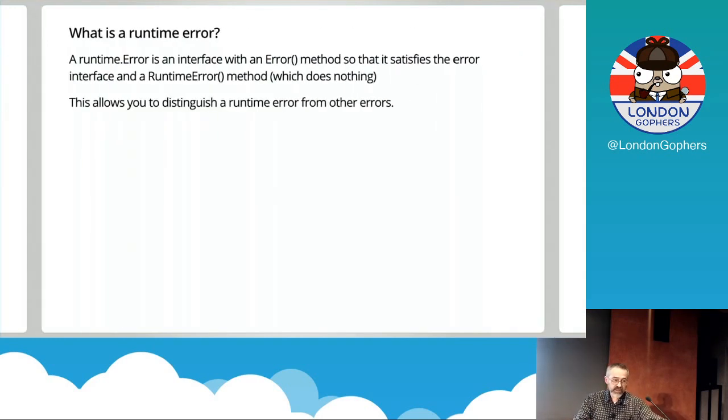It's an interface with an error method, so that it satisfies the error interface. So it's a normal error, and it has a RuntimeError method which actually doesn't do anything, and it's useful to be able to distinguish a runtime error from other errors.